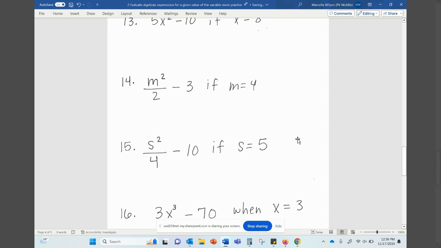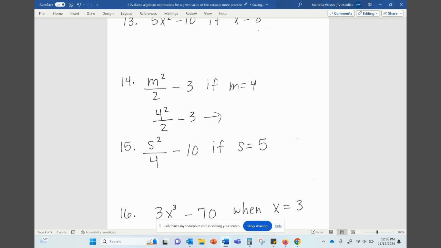Number 14, I have m to the power of 2 divided by 2 minus 3 if m equals 4. So we're going to plug in 4 where the m is. So this becomes 4 squared divided by 2 minus 3. Okay, so I'm going to do what's in the numerator first.